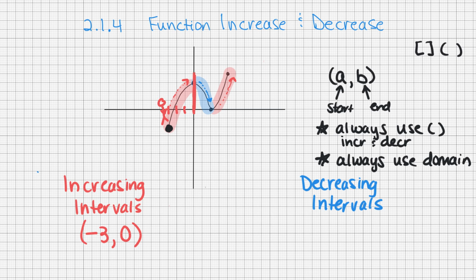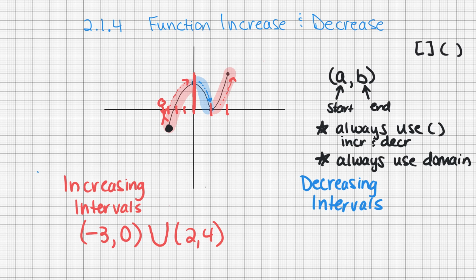Okay? What's the other interval that's increasing? 2 to 4. So 2 to 4. And then anytime you have more than one interval, you're going to use this mathematical symbol in between it. It's a U. It stands for union. In mathematical terms, that means or.